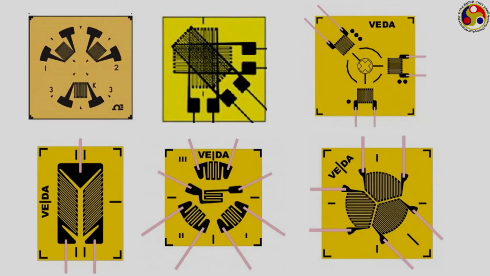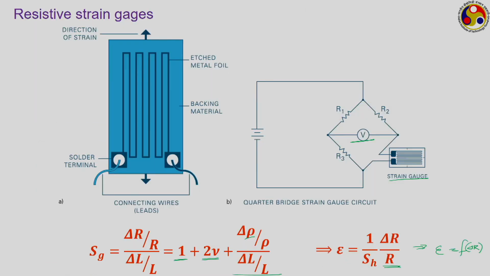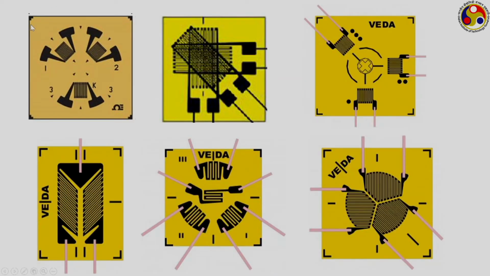But strain gauges can sense only the strain in one direction. Like here, this particular strain gauge will always sense the strain in this particular direction, tensile or compressive whatever, but the direction remains unaltered. So, if we are looking for the measurement of a multidimensional strain scenario, or if we are not sure about the direction from which the force is getting applied, we have to go for strain gauge rosettes, where different gauges are placed in different directions.